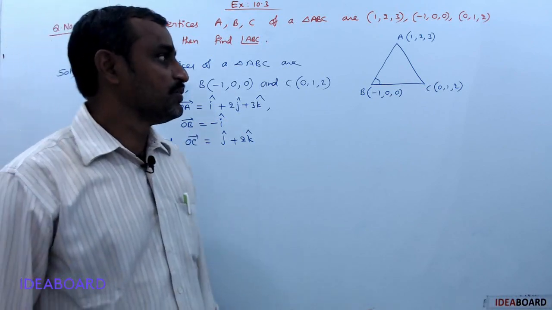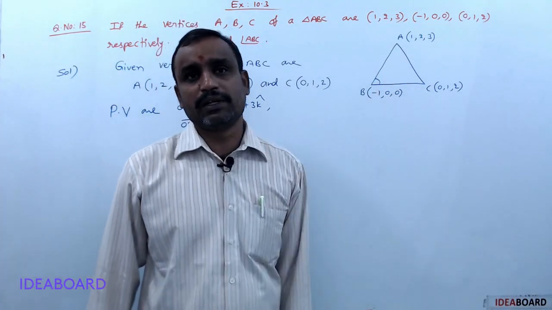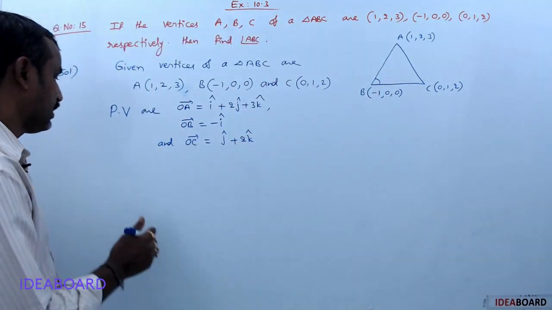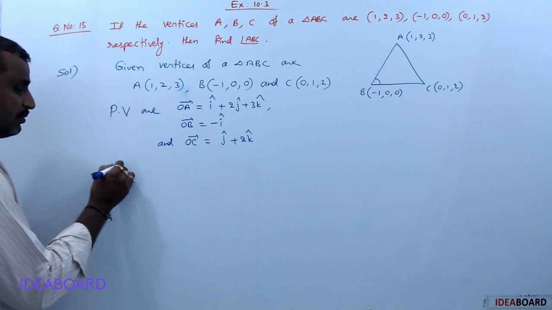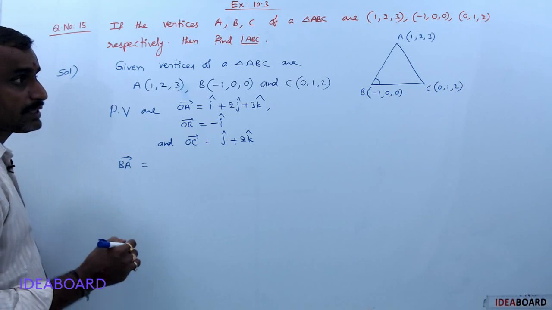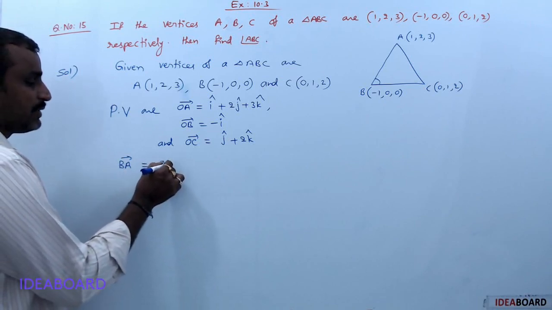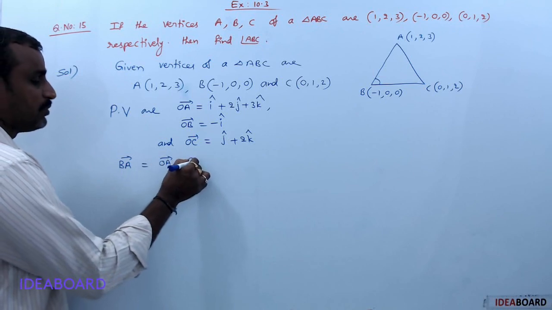Which vectors do we want to calculate? BA bar and BC bar. First BA bar: here the terminal point is A and the initial point is B, so converting to position vectors it is OA bar minus OB bar.